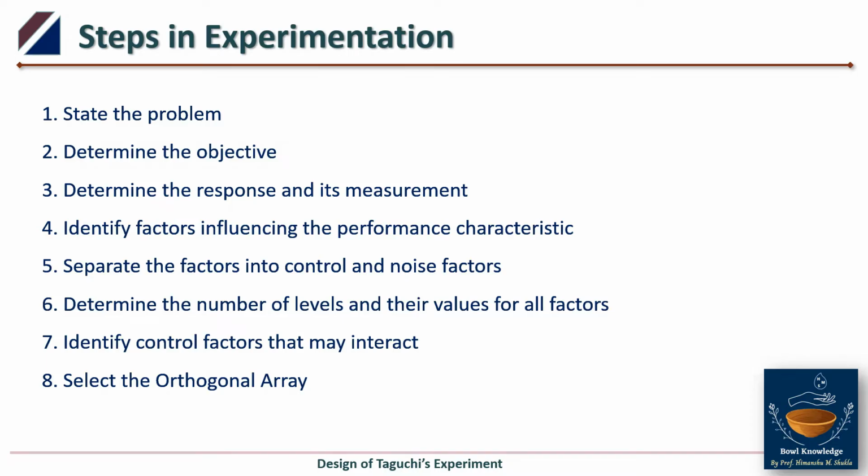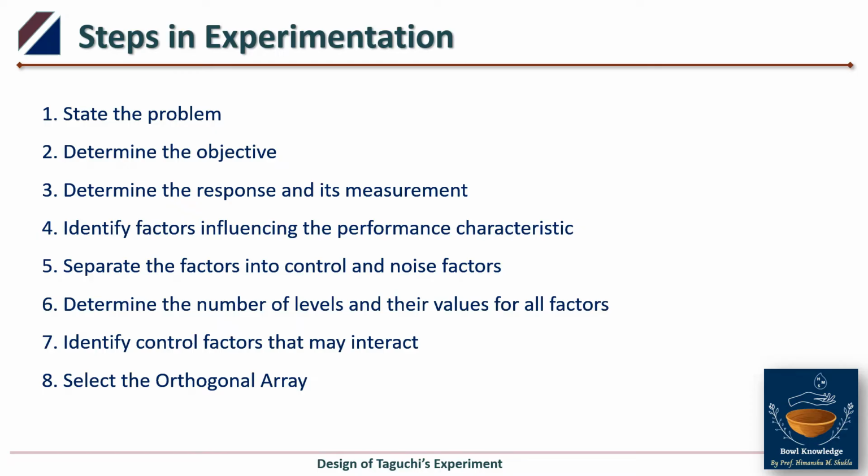Then identify the control factor that may interact. Now this is one more term which is there. Some factor may interact with each other. Okay, so if there are 7 factors selected, one thing is that these factors are affecting the output. Number one. So if I say job satisfaction and there are 7 factors, let's say salary, working hours, incentive, what are the holidays, what is age of the person, what is the gender of the person.